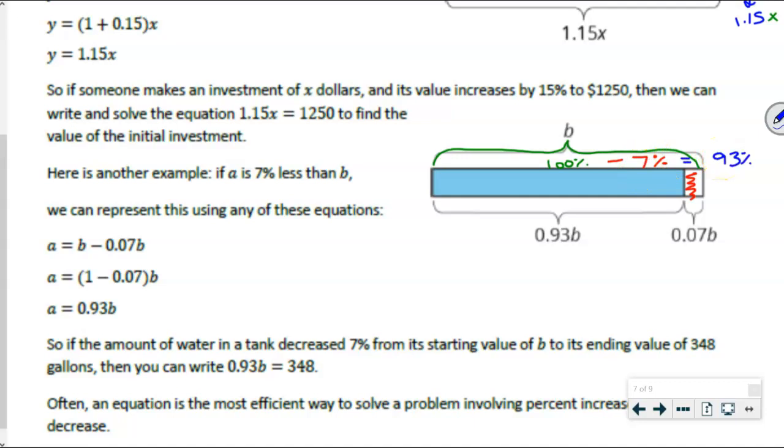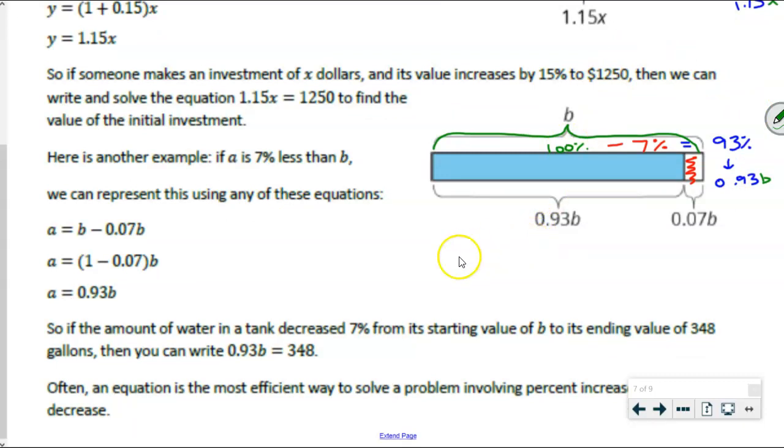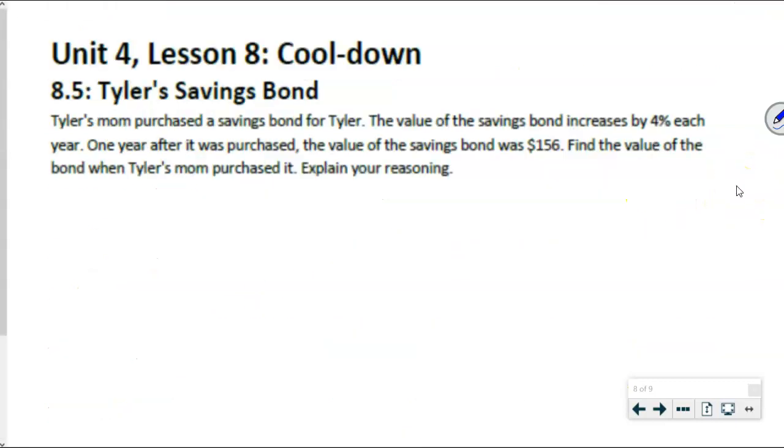Well, that 93% is written as the decimal 0.93. What are we going to do with that? We multiply it by the original amount, which we don't know. They're using the variable b to show the original amount. That is how we are getting to these equations. So even if I know the new amount instead of the original, we can still solve for that.